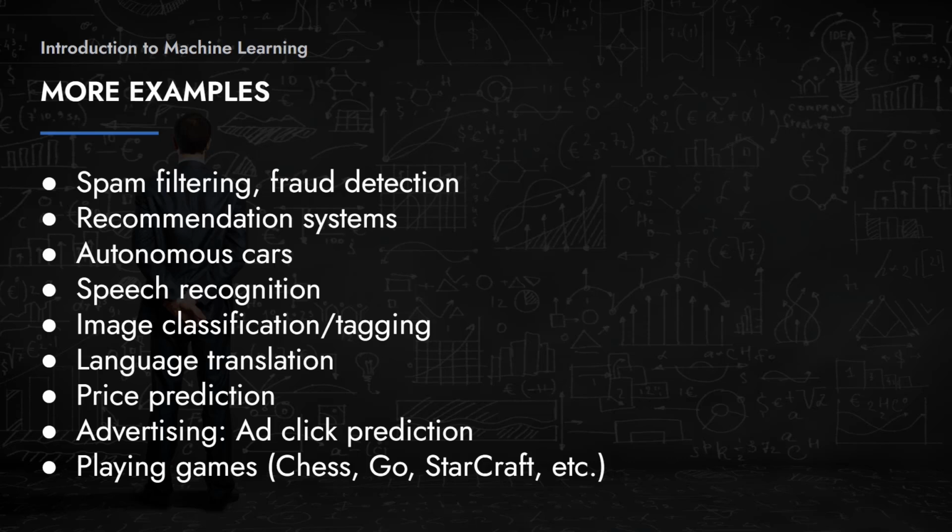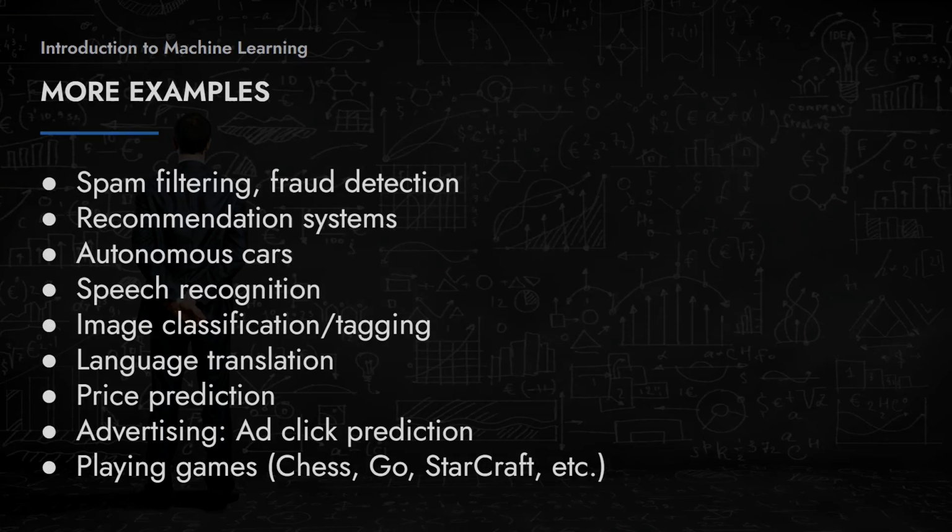So playing games nowadays has been pretty popular. Go has been beaten, StarCraft, chess quite some time ago. But chess was beaten quite some time ago, and then it took a long time for Go to be beaten as well. And they really leveraged modern machine learning, deep learning, where there is a clear relationship between the input and output, but it's so difficult that you can utilize the power of machine learning.